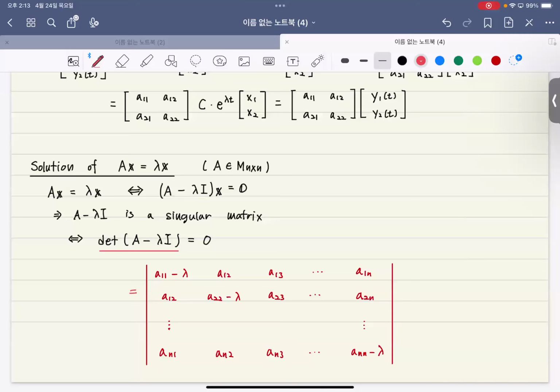We call this the characteristic polynomial of A, and this equation is the characteristic equation.